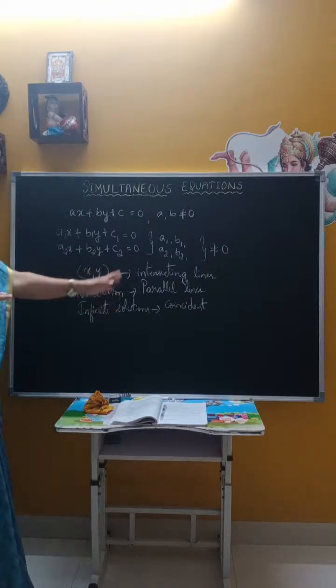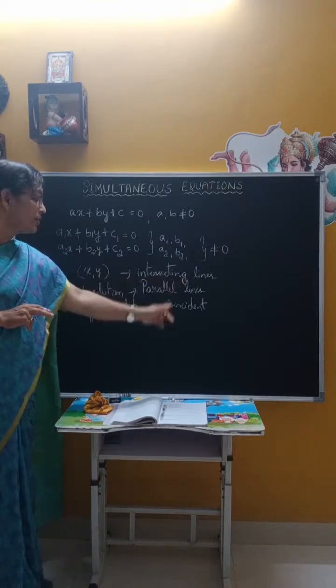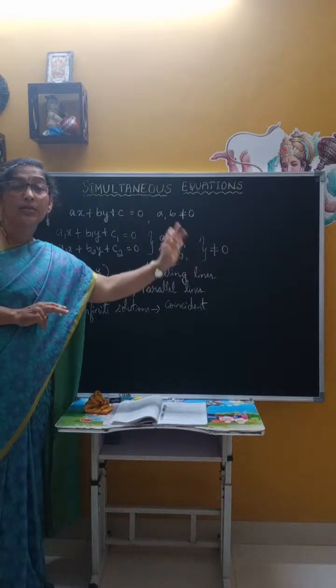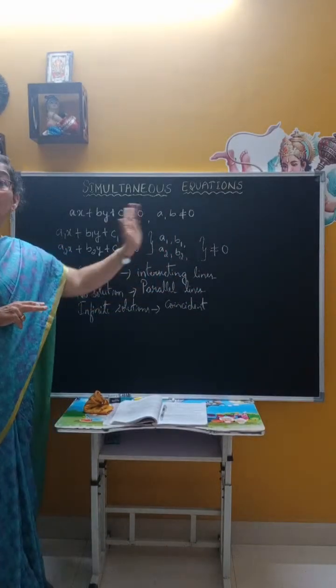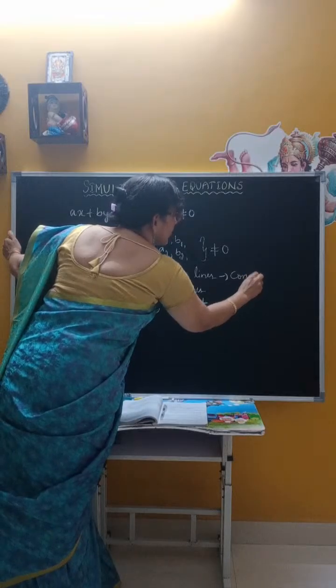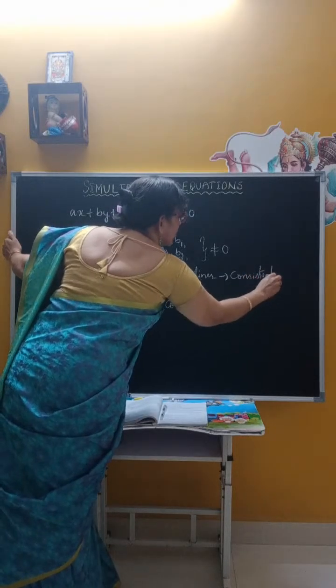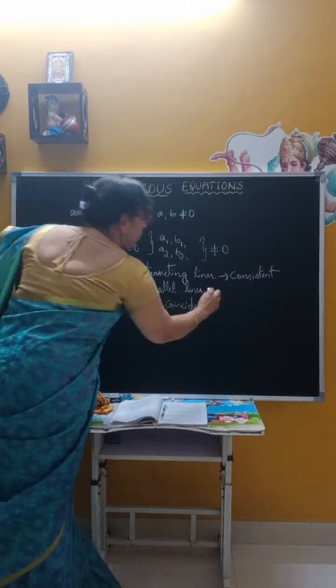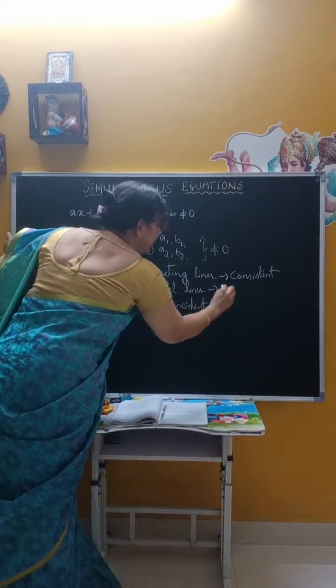One more thing you should know: intersecting lines are always consistent. Parallel lines have no solution at all, so they are inconsistent.